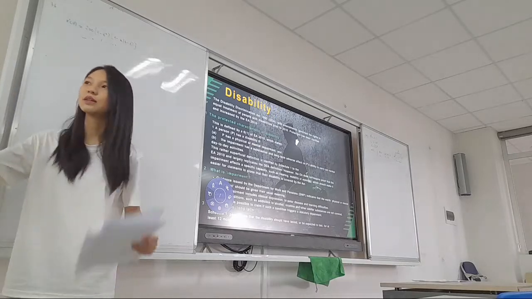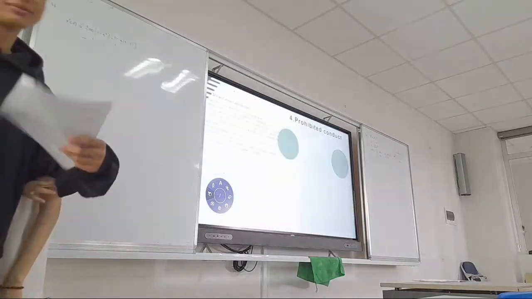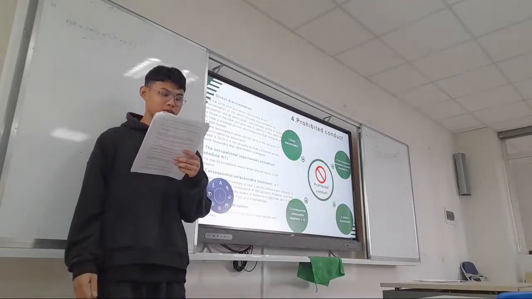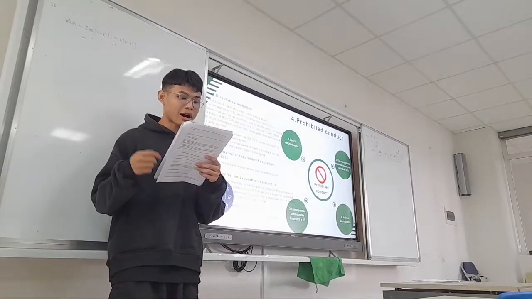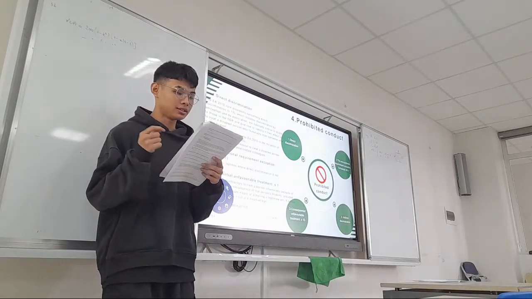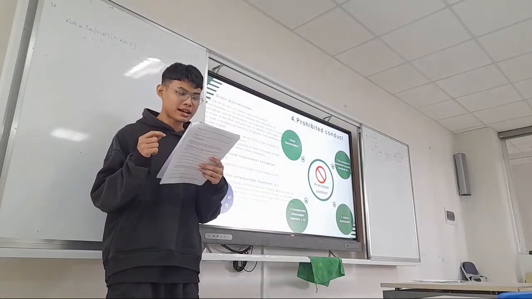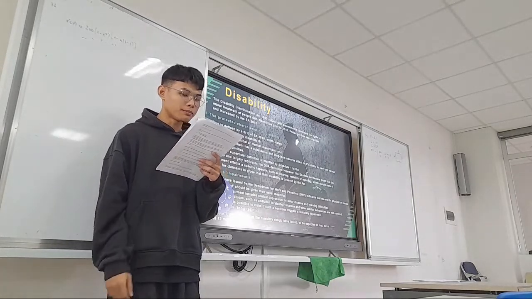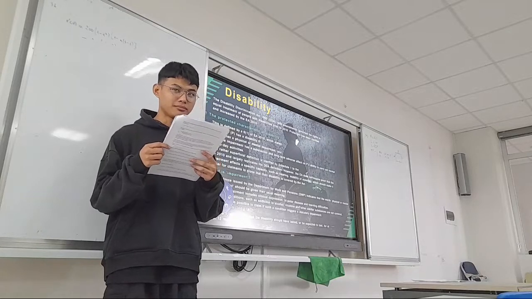Number 2, impairment. So what is impairment? Guidance issued by the Department for Work and Pensions indicates that the words physical or mental impairment should be given their usual meaning.